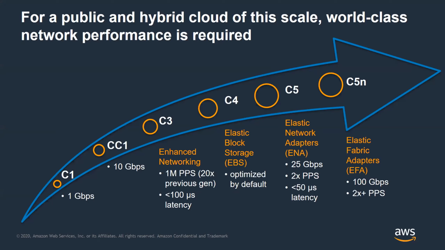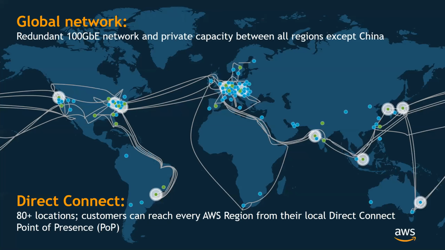Most of the higher end instance types, which we'll talk a little bit about later, are capable of doing somewhere in the 4 to 4.5 million packets per second level at less than 50 microseconds latency, point to point, between AZs. So ultra high throughput, ultra high bandwidth on the network side, right? We have redundant 100 gigabit basically in private capacity between every region around the world, right?